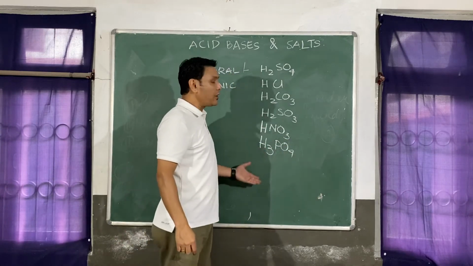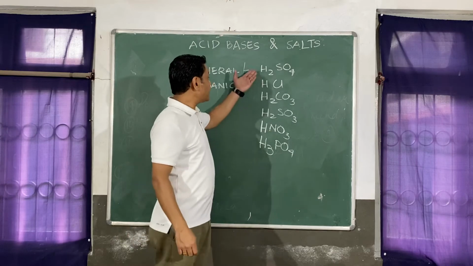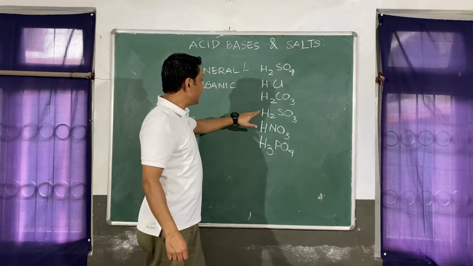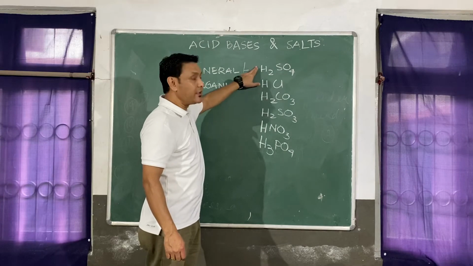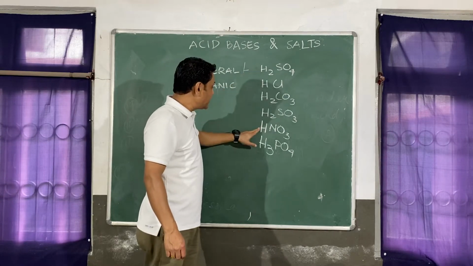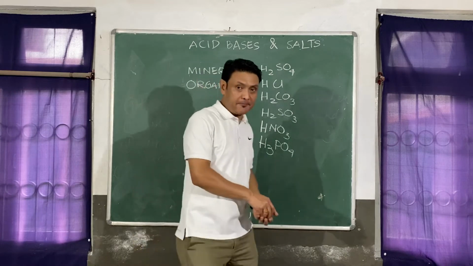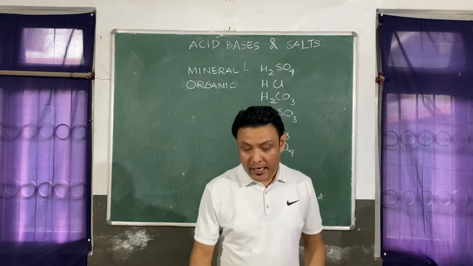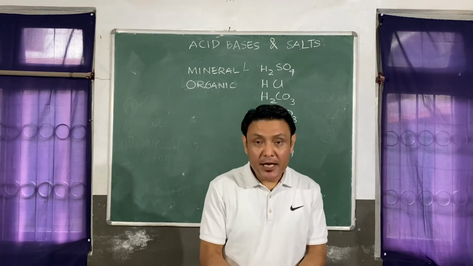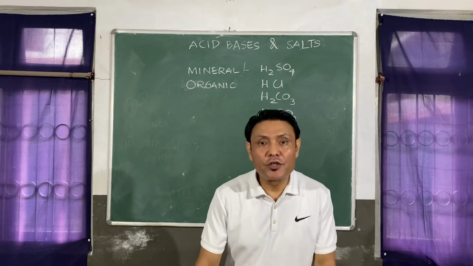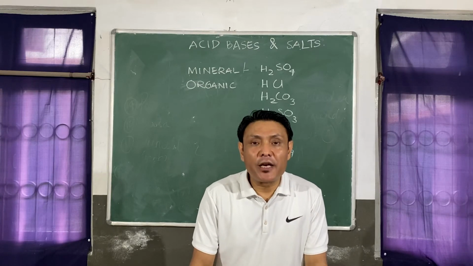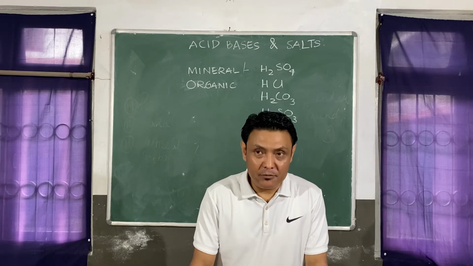So these are the important ones that you have to remember. Let us talk about hydrochloric acid first, then nitric acid, then sulfurous acid, this is sulfuric acid, this is phosphoric acid. So these are mineral acids. Mineral acids are those which are derived from minerals, and organic acids are those which are derived from plants and animals.